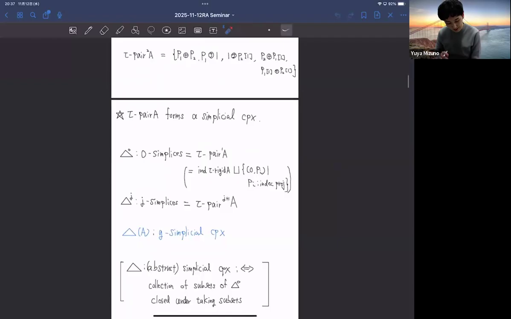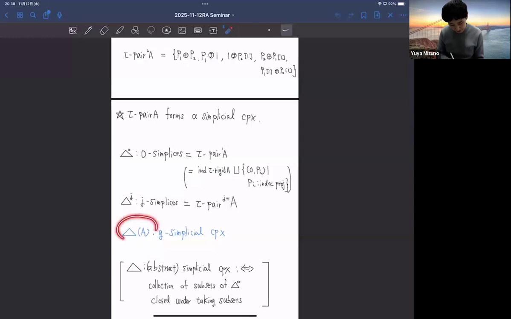And for us, a very important fact is that these tau-rigid pairs form a simplicial complex. So the zero simplices are tau-rigid pair 1. Namely, tau-rigid pair 1 is the union of indecomposable tau-rigid modules and indecomposable projectives. Generally, a j-simplex is defined by a tau-rigid pair j plus 1.